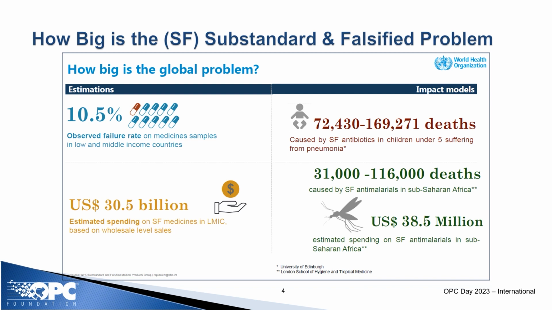Again, this is just a little background for you to show you why we were working on this. 10.5% failure rates in low and middle income countries, $30.5 billion spent on substandard or falsified drugs and medicines. Antibiotics were not working, anti-malarial drugs, etc. These are just a couple of the problems that showed up, and we addressed these problems.